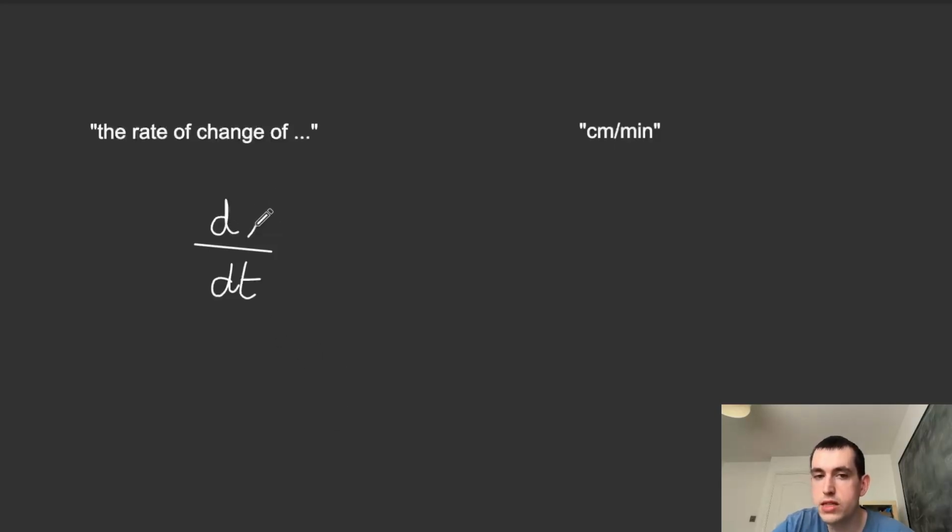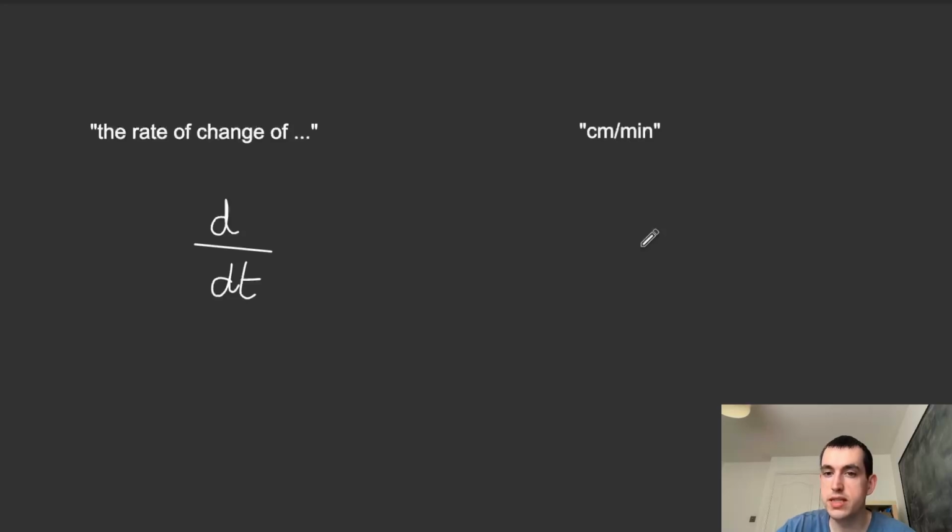It could be the rate of change of the length. So we put an L there. It could be the rate of change of the height. If you really want to be confusing, the rate of change of the temperature, dT/dt. When you read through the question, that is something that I would be pulling out of the question and turning into maths. As soon as you see rate of change, get down your derivative.